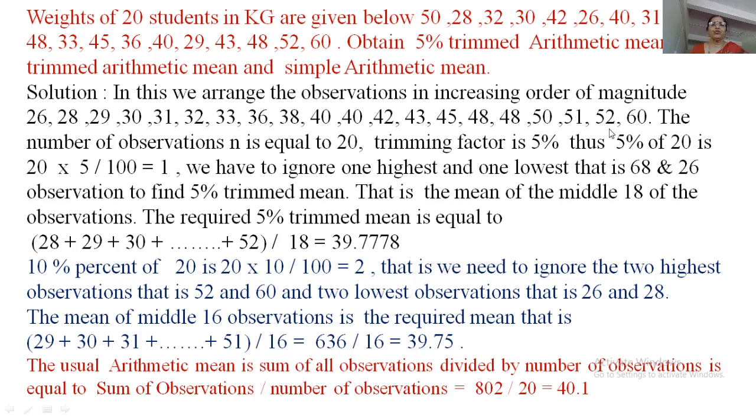Therefore you find the mean of these middle 18 observations, which is called the 5% trim mean for the given data set. In this case you just delete observations 26 and 60, so that your arithmetic mean is now 39.78. Okay.